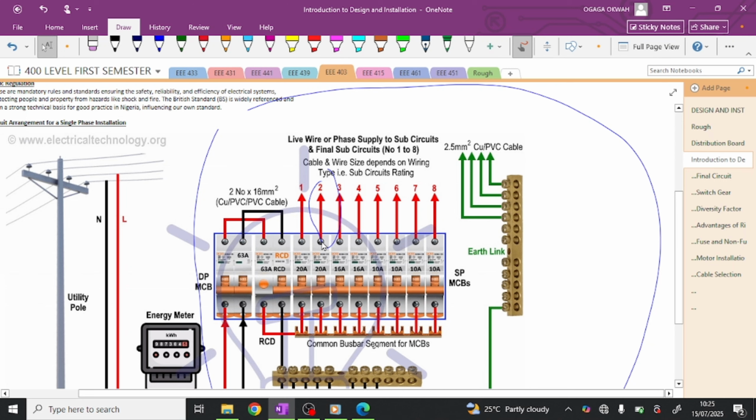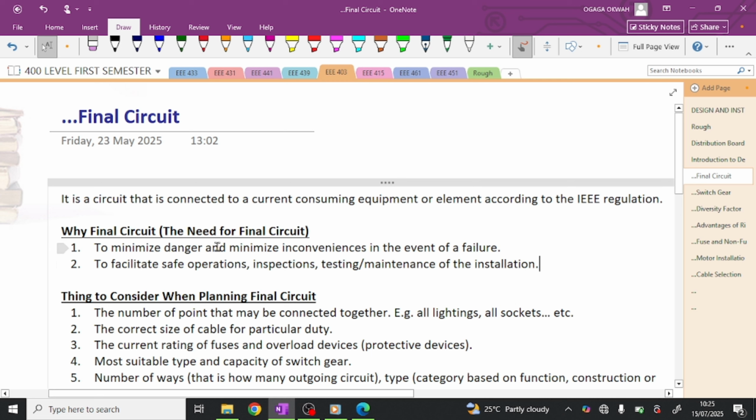That means there will still be power in your house, still power in the distribution board, but nothing will affect this side, and only the other side carrying the cooker where there is a fault will trip off. Because of that, we say it minimizes danger and inconvenience in the event of a failure. Are we seeing now? Instead of the whole house tripping off, just one sub-circuit will trip off.